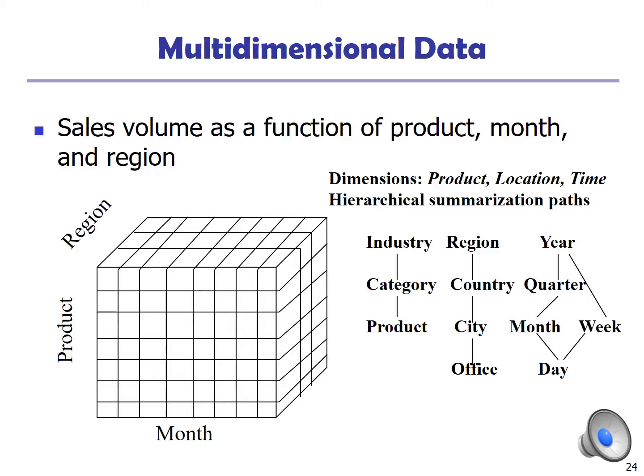So depending on which level we pick, we will get either a small chunk of the cube or a large chunk of the cube. So if you pick the highest level of hierarchy in all the dimensions, you're going to get the largest sized cube. If you pick the lowest level of hierarchy in each of the dimensions, you're going to end up with the smallest size cube.